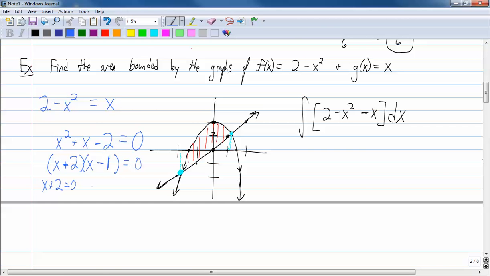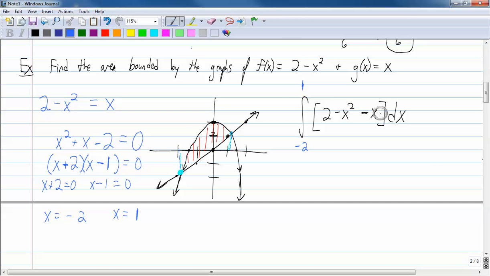If you ever have factors equal to 0, you can set them both equal to 0 and solve. So that's going to be x equals negative 2 and x equals positive 1. So guess what? That was at negative 2 and this was at positive 1. Okay? My sketch wasn't off too bad. So your bottom boundary always has to be the smallest one, so from negative 2 to 1.